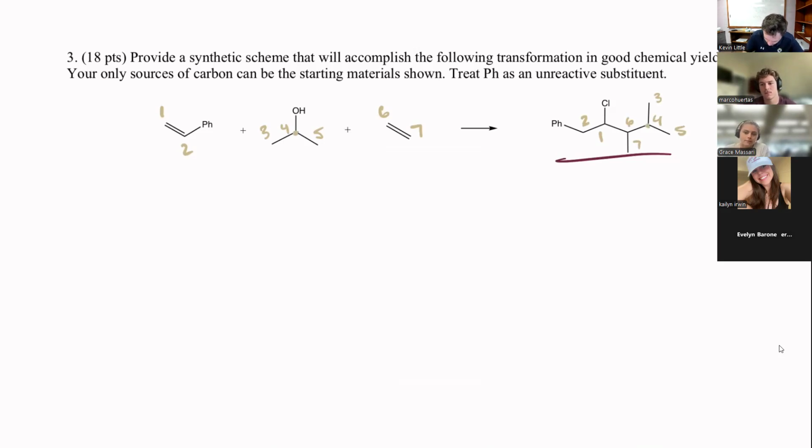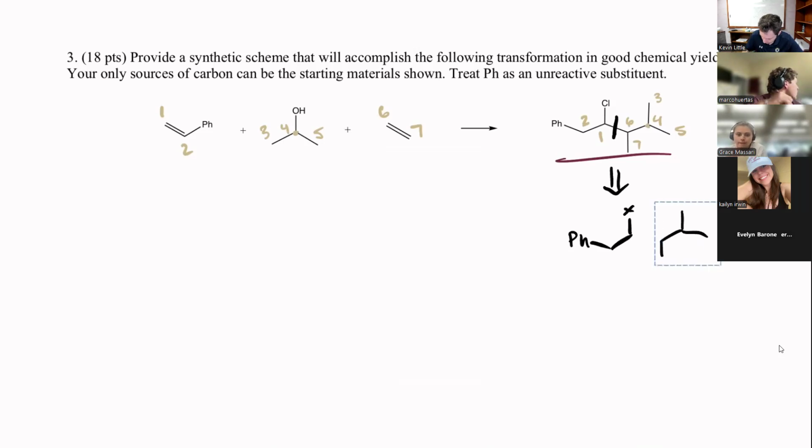Let's break this down into a smaller chunk. I'm going to break that bond. I know I've got to have something here that I can turn into a chlorine, and I've got to have this little carbon unit.